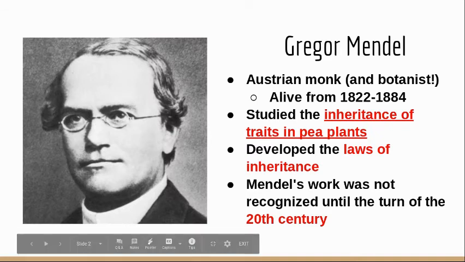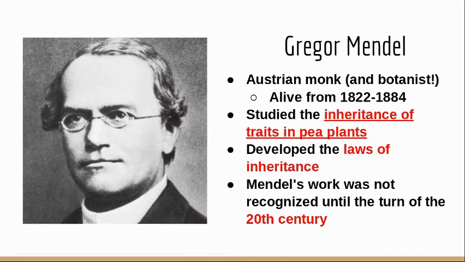So starting off with Gregor Mendel. Gregor Mendel is known as the father of genetics. He's really the guy here. He was an Austrian monk and was very passionate about plants, so he was a botanist as well. This guy was around in the 1800s, early to late 1800s.